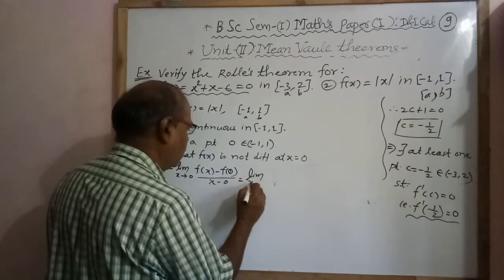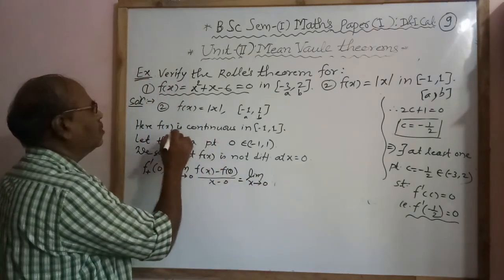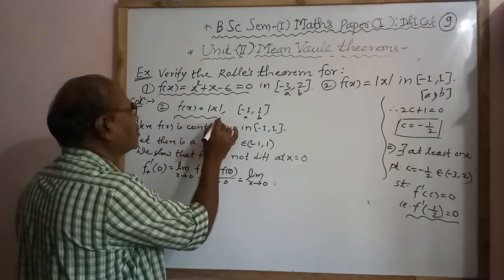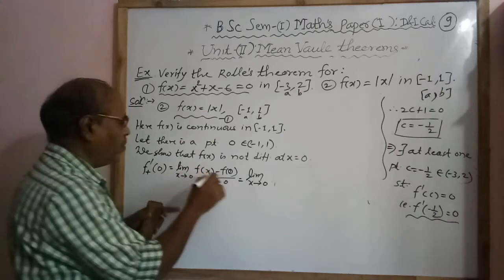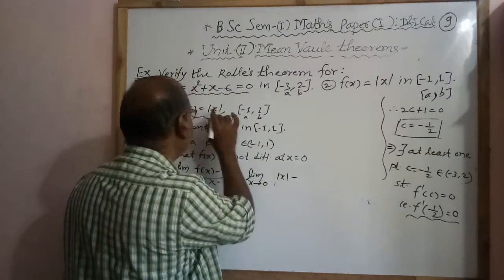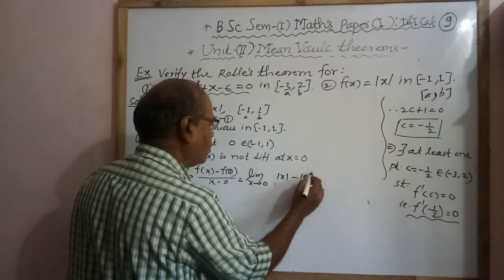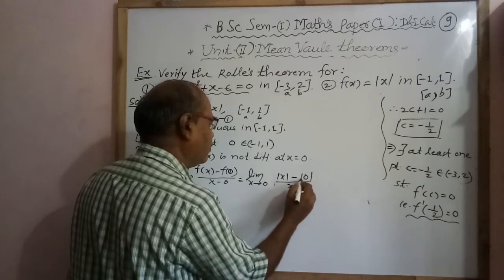Therefore, limit x tends to 0, where the function is defined like this: f of x equal to mod of x. Therefore, we put in the value mod of x for f of x, and for f of 0 we put x equal to 0, mod of 0, this is 0, divided by x minus 0, this as it is.